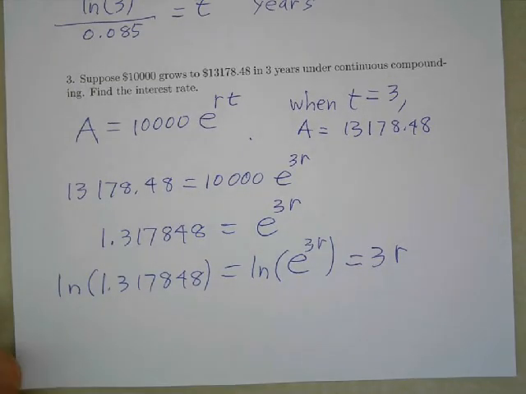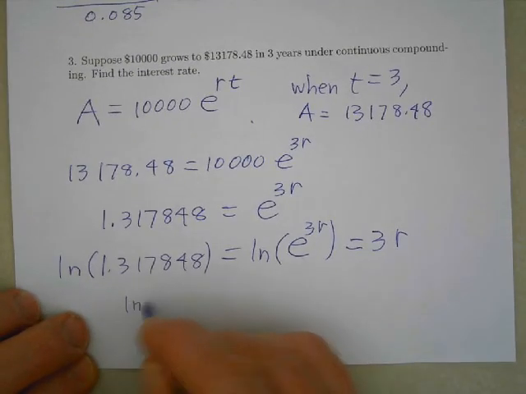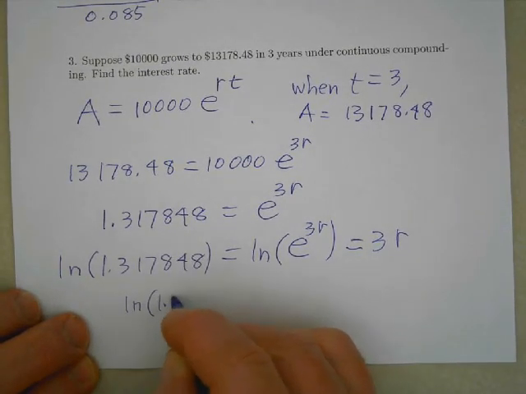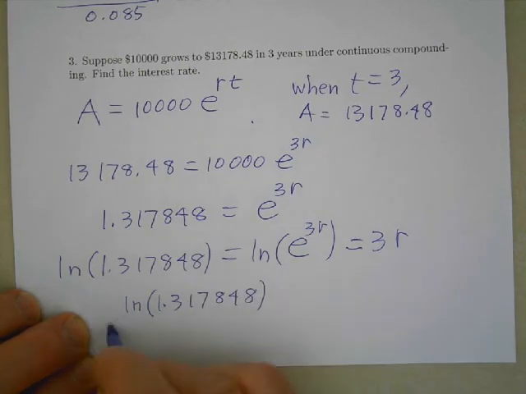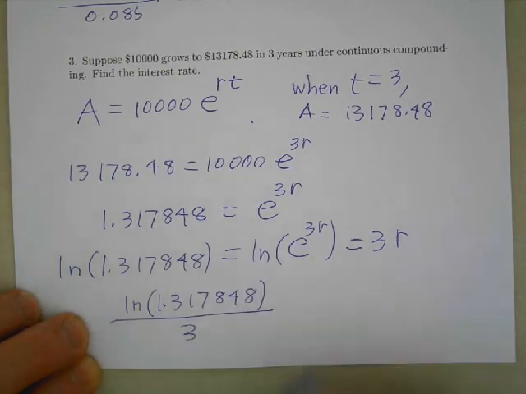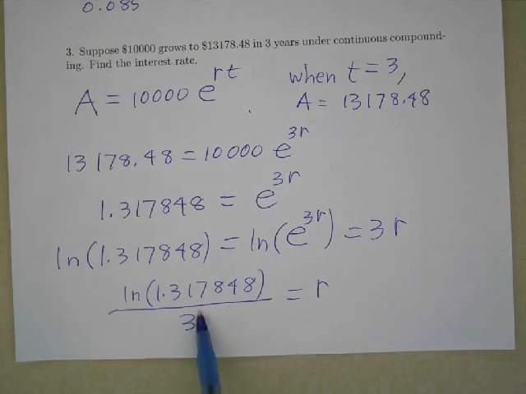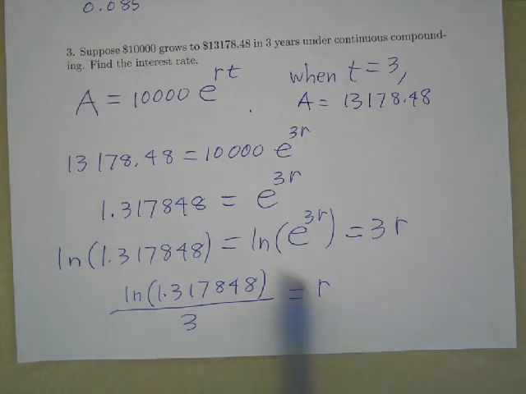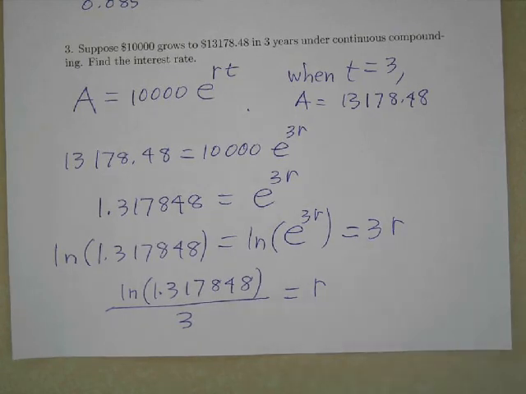So all we have to do now is divide both sides by 3, so the natural log of 1.317848 divided by 3 equals r. That's the interest rate. Use a calculator. You can get a decimal number that makes sense, and you can convert it to a percent for the annual interest rate.